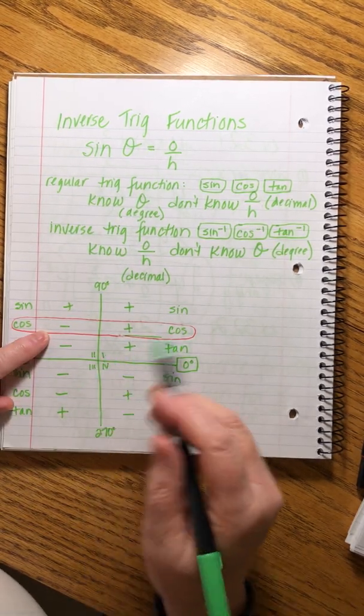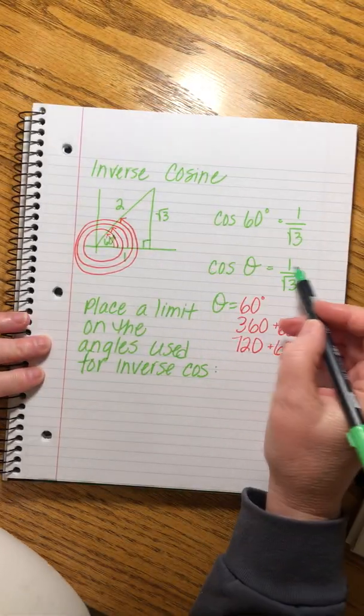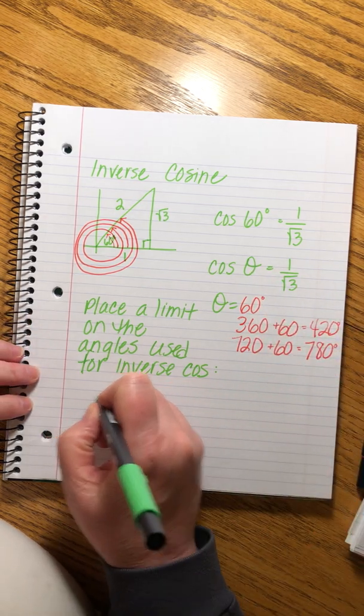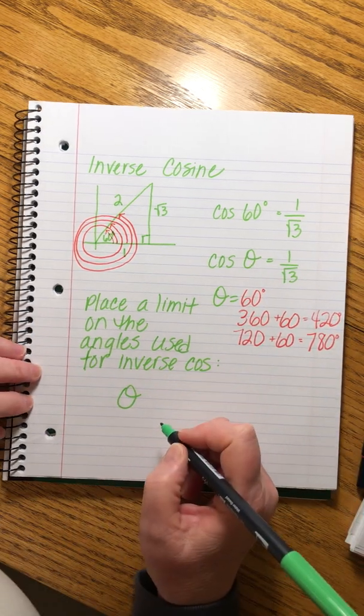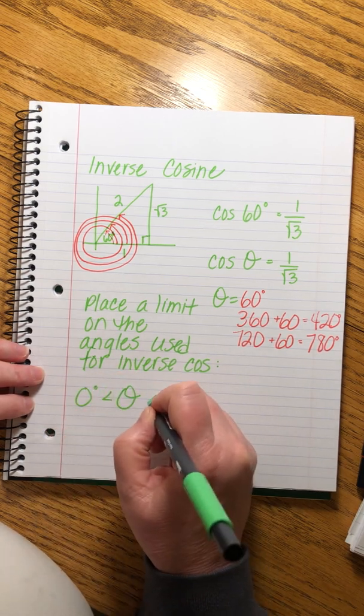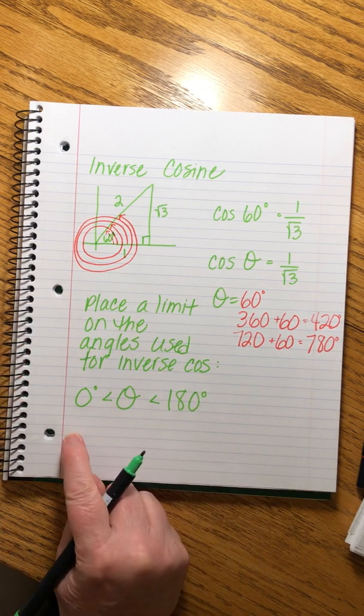So what we do is we place a limit on this. And in a problem like this, where we're trying to find the angles, we place a limit that says theta is, and I just have to make sure I remember which one gets the equal to. I think it's the 0.